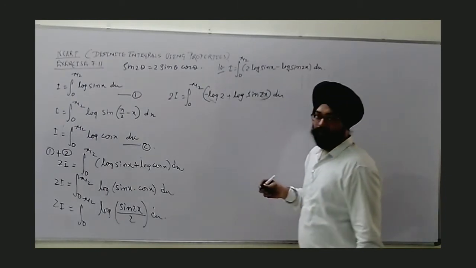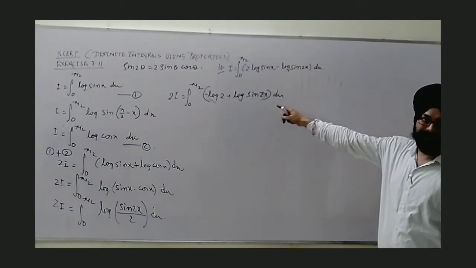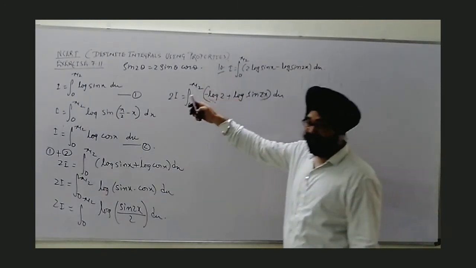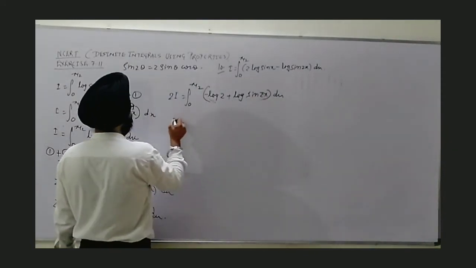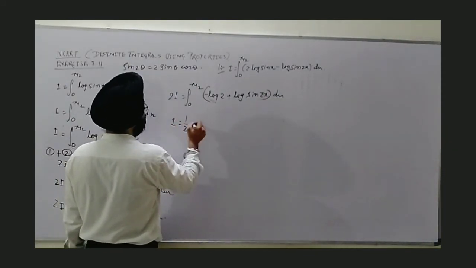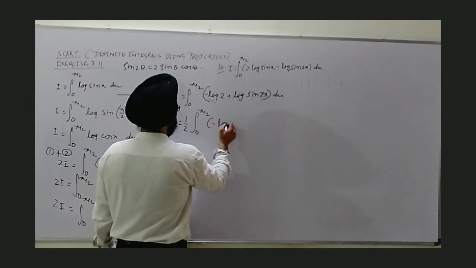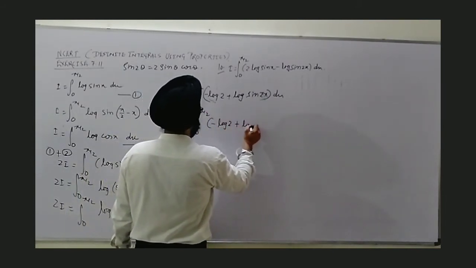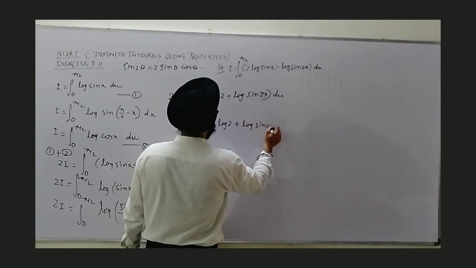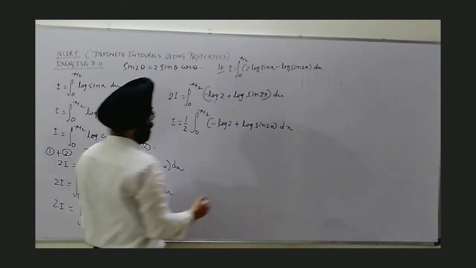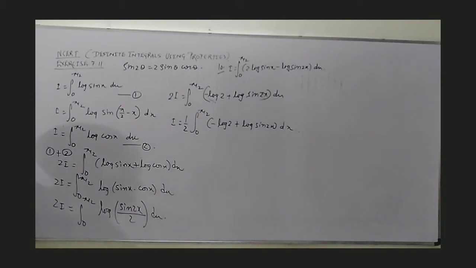This is the value of log sin x from 0 to pi by 2, which means we can write I as half integral 0 to pi by 2 of minus log 2 plus log sin 2x dx. I hope you have got this much.